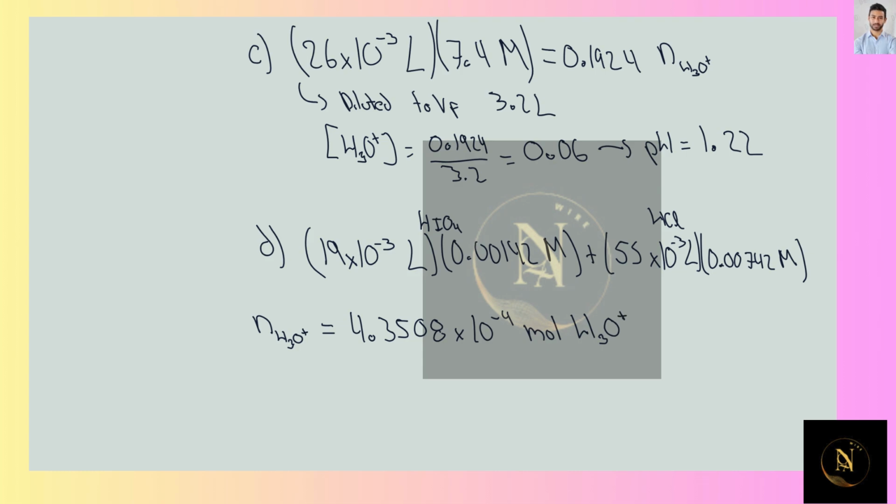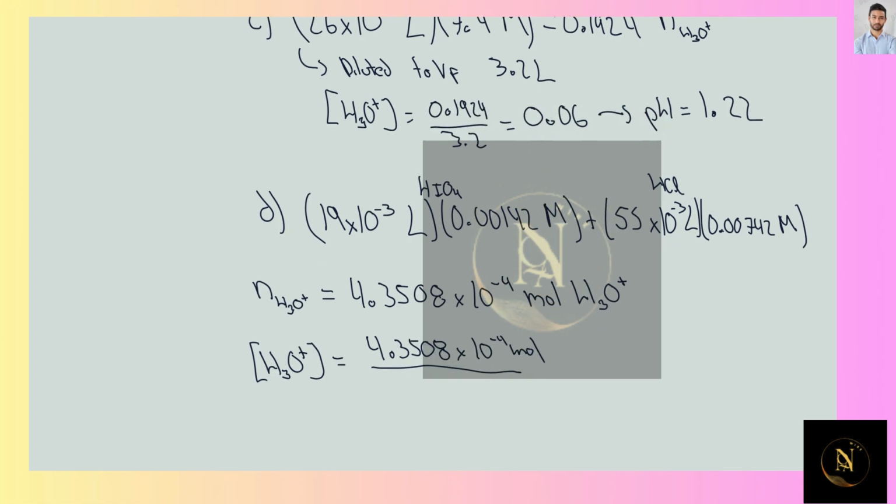That means that our concentration of H3O plus is going to be that amount of moles divided by the total volume that we have. What is our total volume? We simply need to add 19 plus 55, so this is 74 times 10 to the minus 3 liters of solution.